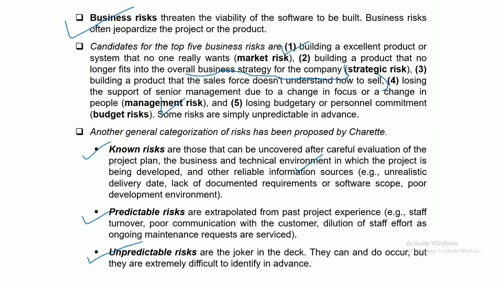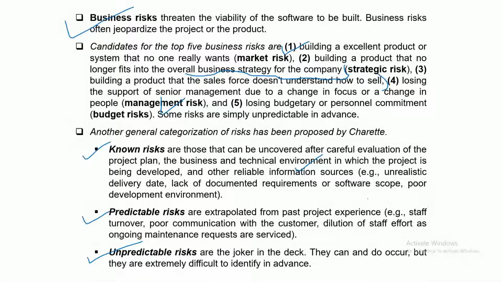If you carefully go through the project plan, your business environment, business model, your technical environment, software development environment, these risks can be easily identified and are known as known risks.